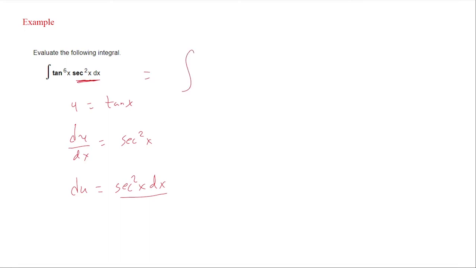Tangent is u, so I can write it down as u to the power 6, and secant square x dx can be replaced by du from here. So now finding the integration of this problem is equivalent to finding the integration of u to the power 6 with respect to u. So we can use the power rule of integration, which is 6 plus 1 over 6 plus 1, and because it's an indefinite integral, we need plus c.